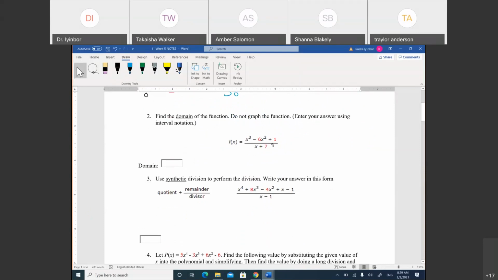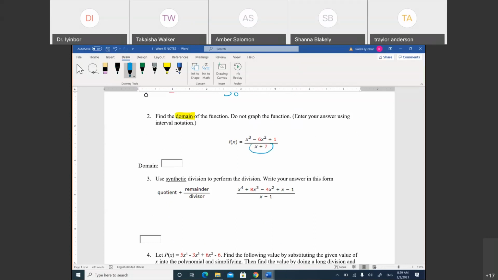Fraction, right? You already know how to find the domain. Do you remember how to find the domain? Just work with the denominator. Yes, thank you. When you have a fraction, you work with the denominator.